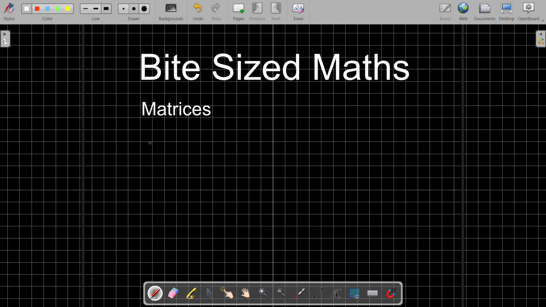So first off, when are two matrices equal? Let's say we have matrix A and matrix B. When are they considered equal?